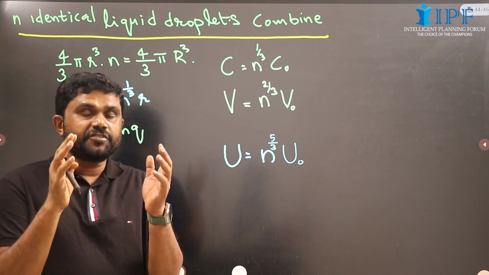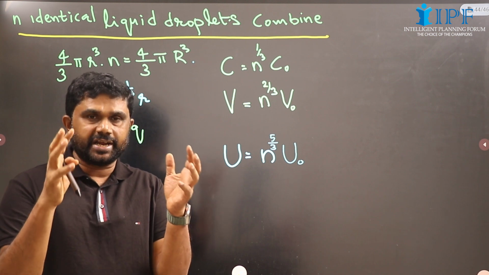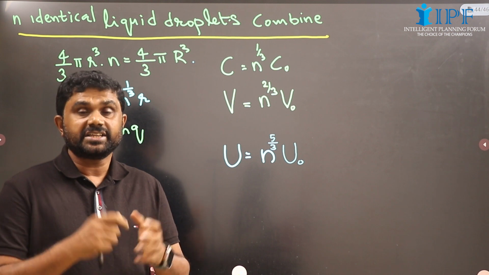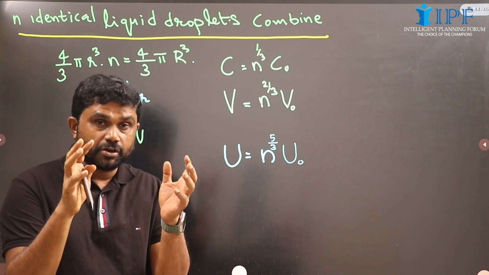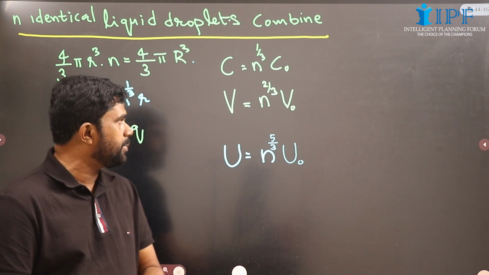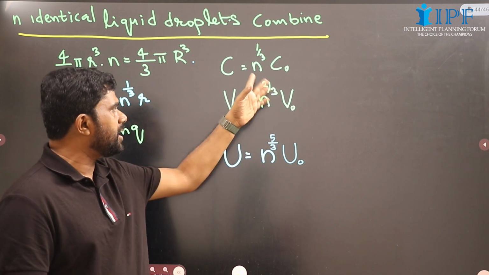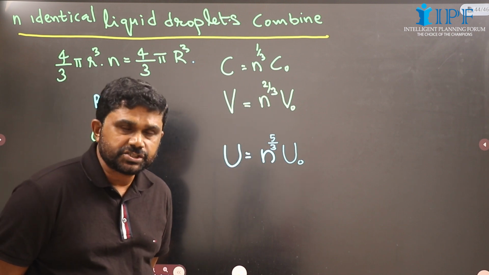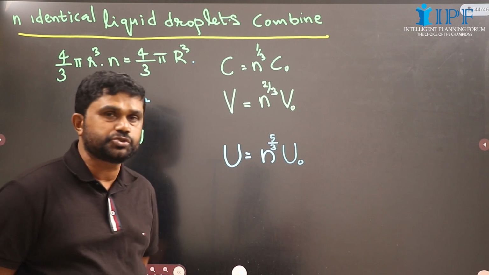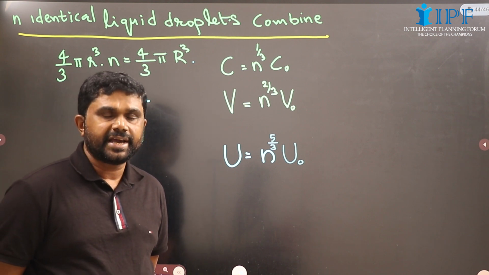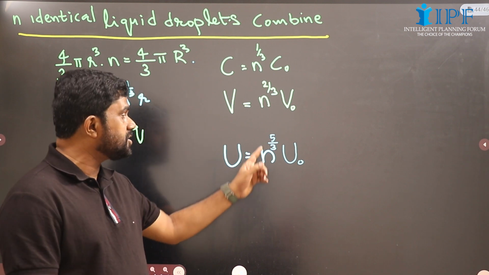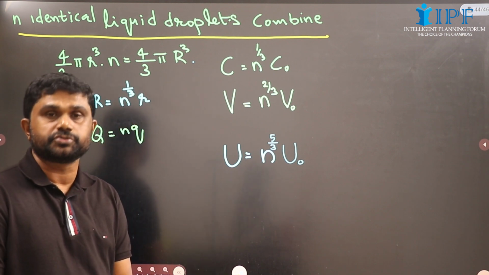Now suppose V0 is the electric potential on the surface of each small droplet, then the electric potential on the surface of the resulting big drop will be capital V equal to n raised to 2 by 3 times V0, and if the energy stored in each droplet is U0, the energy stored in the resulting drop will be n raised to 5 by 3 times U0.